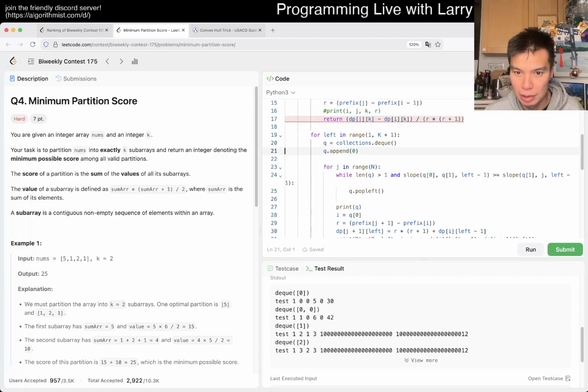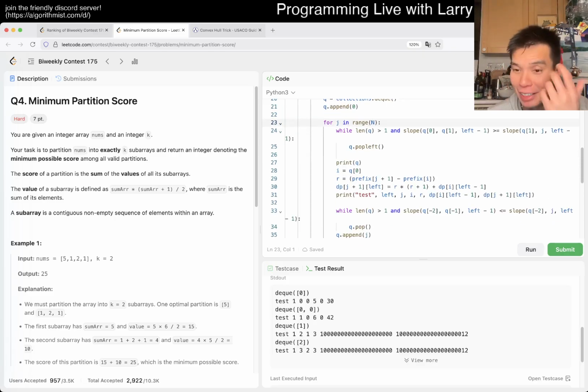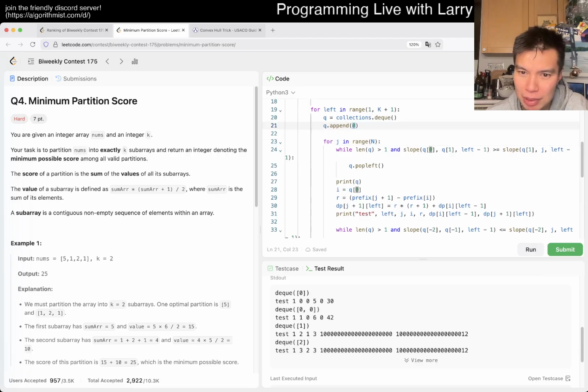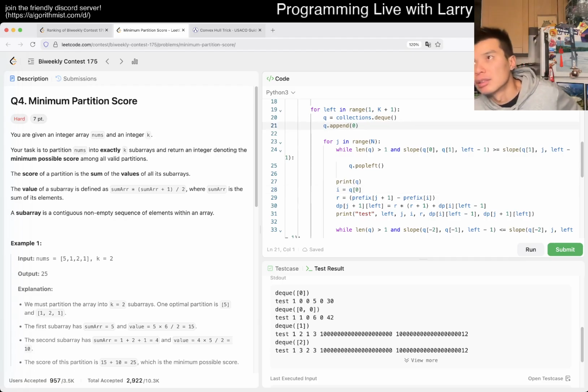Maybe I just don't need this. Yeah, I haven't done it enough times to know the edge cases of how I want to handle it. But I should be able to figure this out though, right? Because 0 is just a previous thing, right?